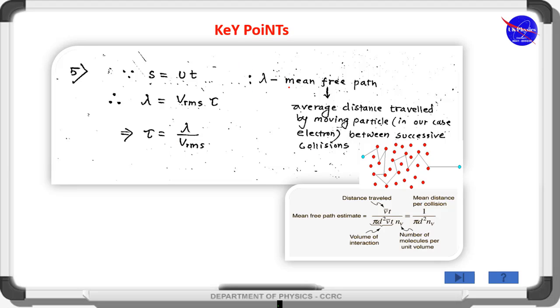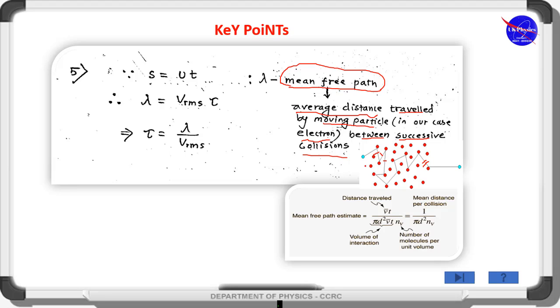First we try to understand the mean free path. Mean free path means average distance, that is the distance traveled by a moving particle, in our case the electron. So it is the average distance traveled by the electron between successive collisions. Here you can see the successive collisions: first, second, third, and so on.